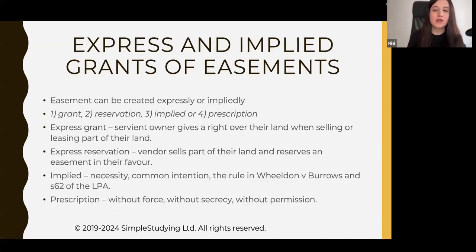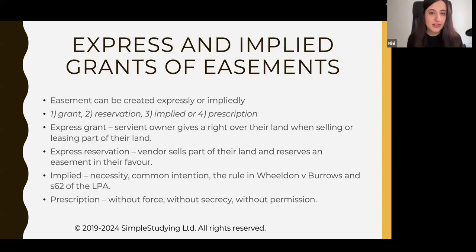Express and implied grants of easements. After you establish that the easement subject matter exists, so if all these requirements we just talked about are satisfied, the next step would be to talk about how the easement can be created. It can be created expressly or impliedly, either of the two, but there are subcategories under each.